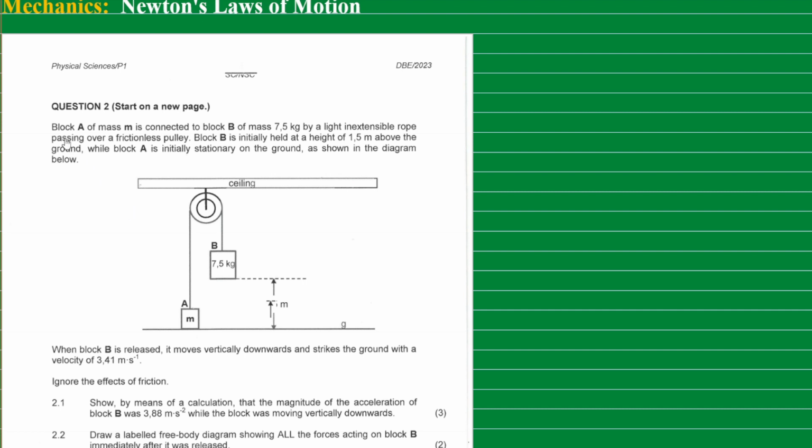The question reads as follows: block A of mass m is connected to block B of mass 7.5 kg by a light inextensible rope passing over a frictionless pulley.